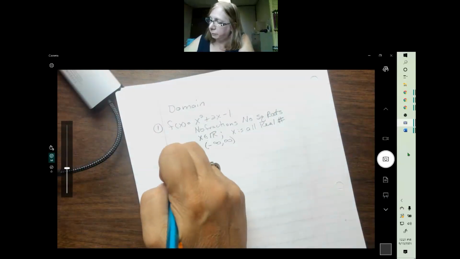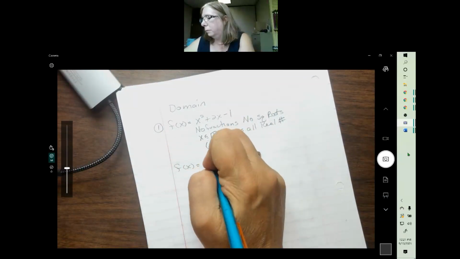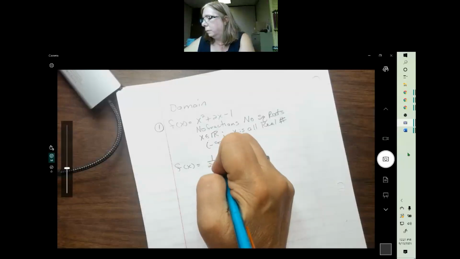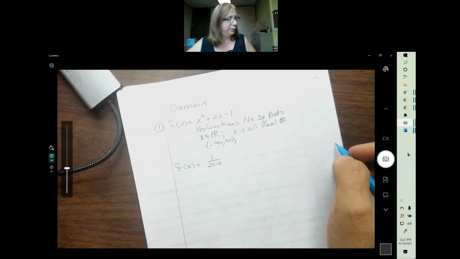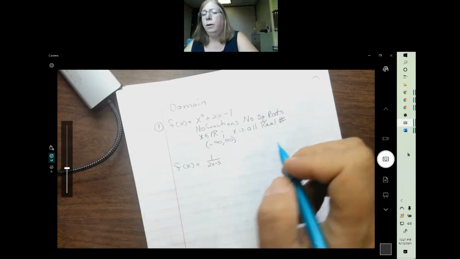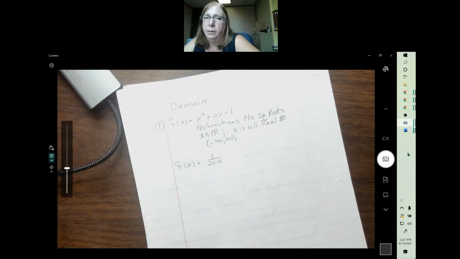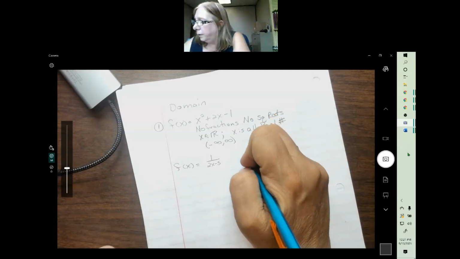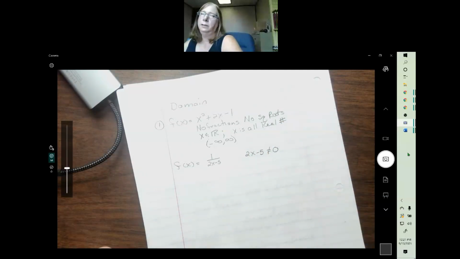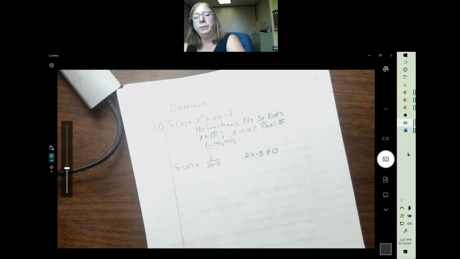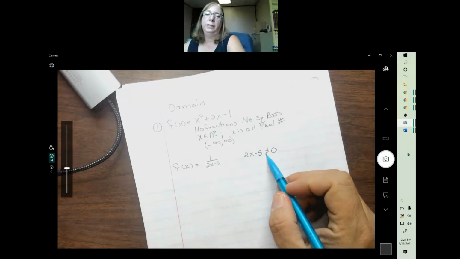Now, if we do have a fraction, when you have a fraction, you know you can't have 0 in the denominator. And so we can use all the numbers except for what would give us 0 in the denominator. So to find that, you set the denominator equal to 0 and then make it not equal, or you could start with not equal.